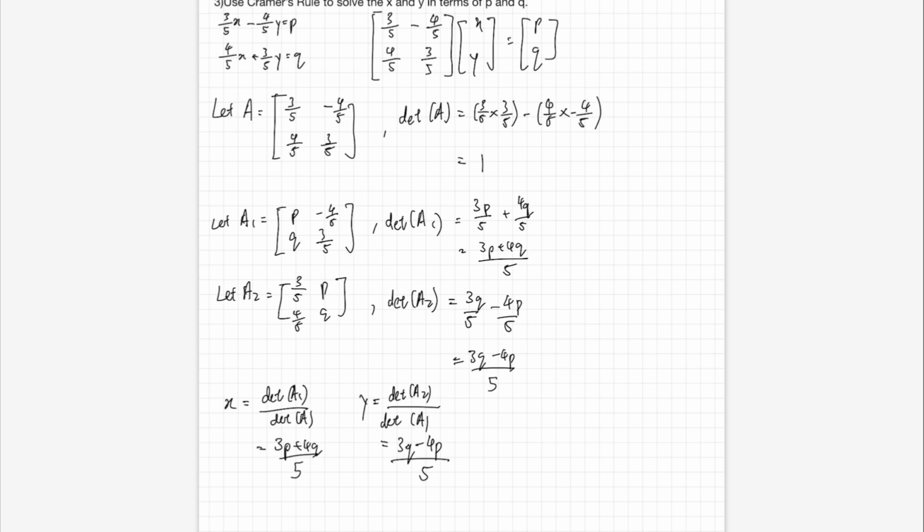So the solution of x and y is to divide the determinant of A1 by the determinant of A, and the determinant of A2 by the determinant of A to find y. So x is equal to (3P plus 4Q) over 5, and y is equal to (3Q minus 4P) over 5.